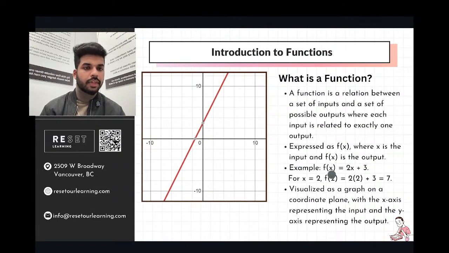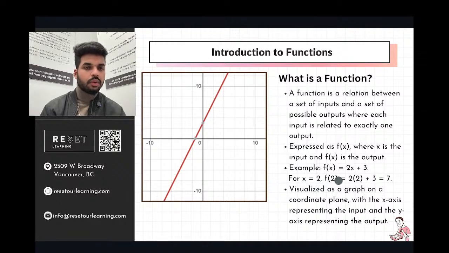For example, we have this function, f of x. That's how we read it: function of x, or we sometimes say y. Y is your vertical axis, and x is your horizontal axis. So f of x equals 3x plus 2. Say we want to find the function value at x equals 2.